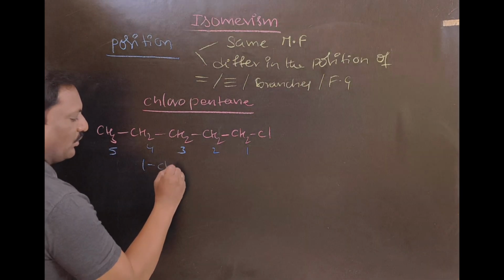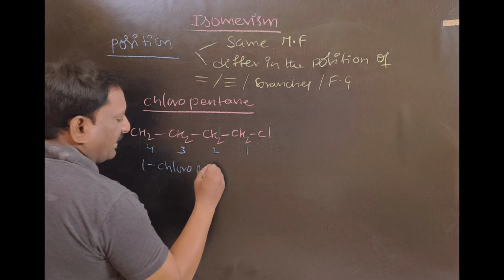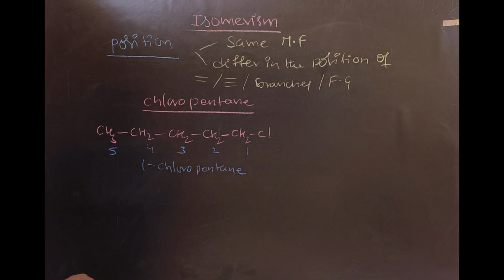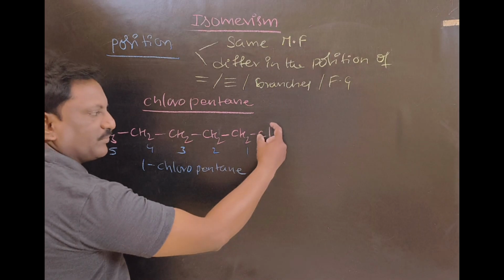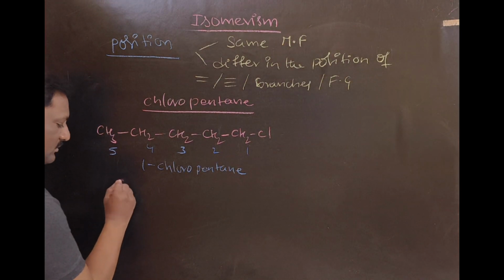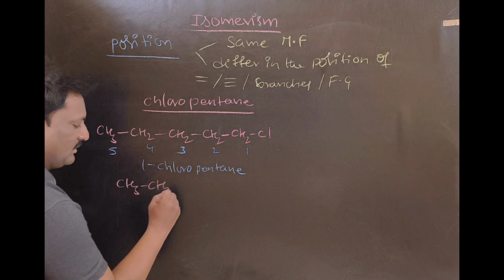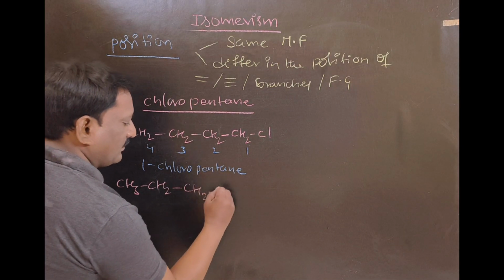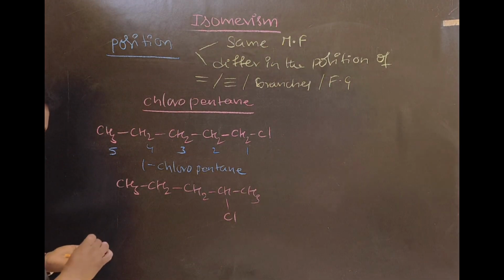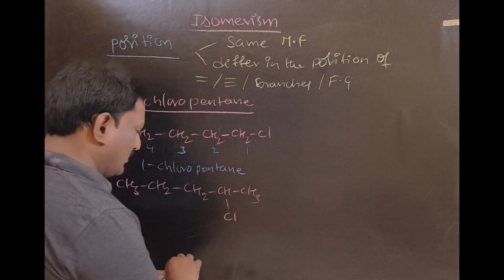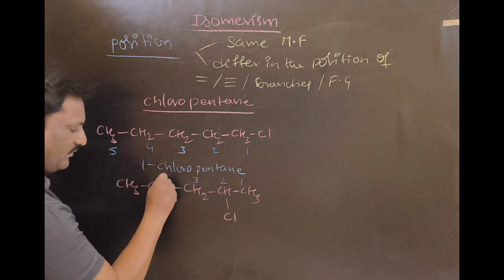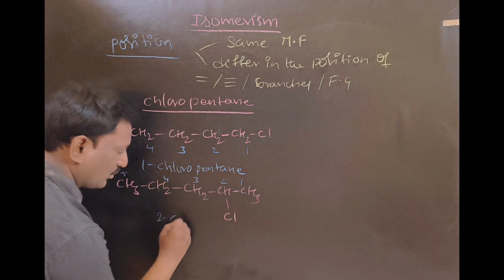This is called 1-chloropentane. Now I would like to change the position of the chlorine. So look into this: CH3, CH2, CH2, CH, CH3, with Cl. Now this will be 2-chloropentane, because numbering must be done from this side: 1, 2, 3, 4, 5. 2-chloropentane.